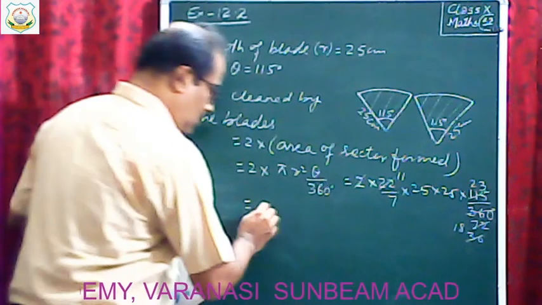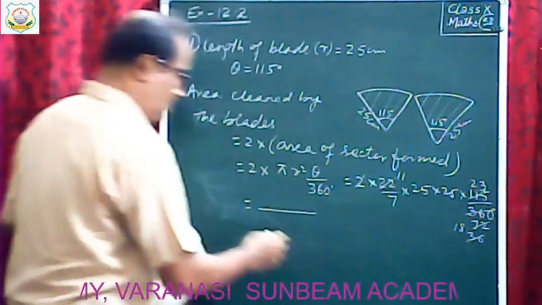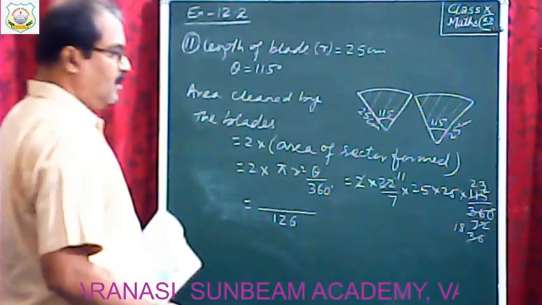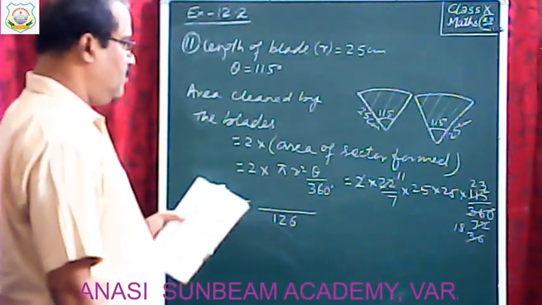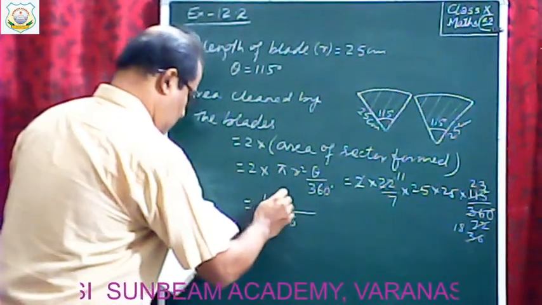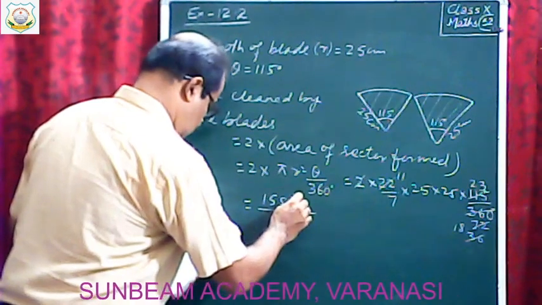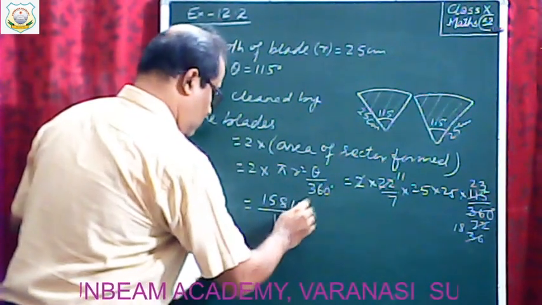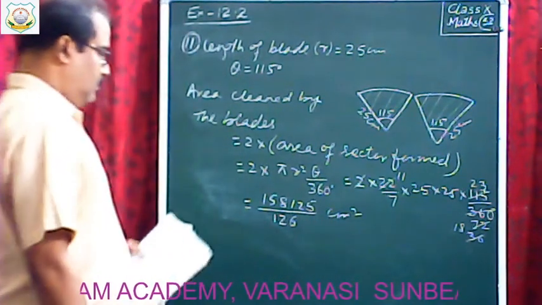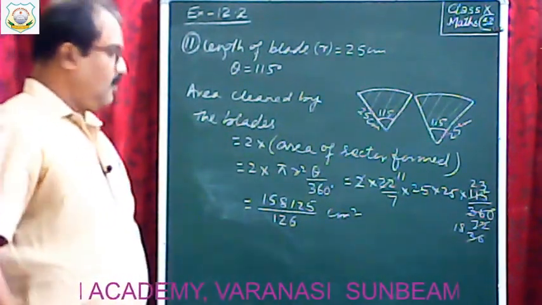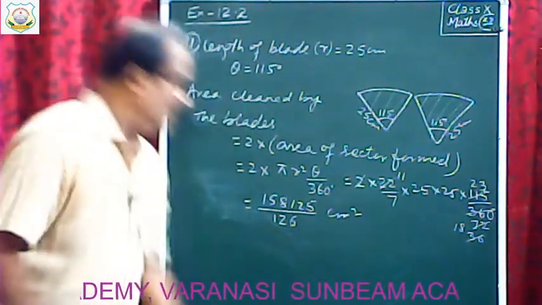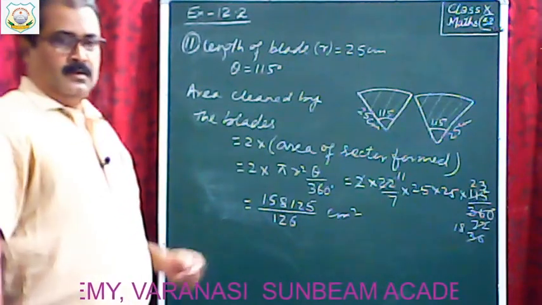Now I have to calculate then 7 into 80, 126. 625 into 11 into 23. Check my calculation also. It may be wrong. So this is the mechanism only.